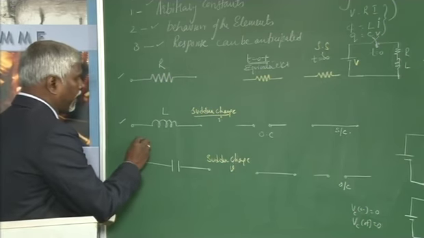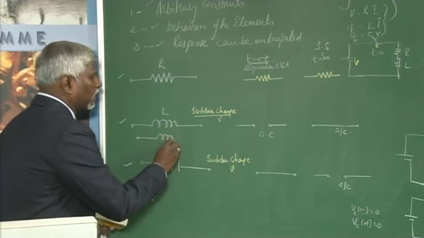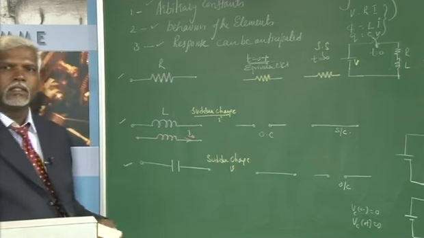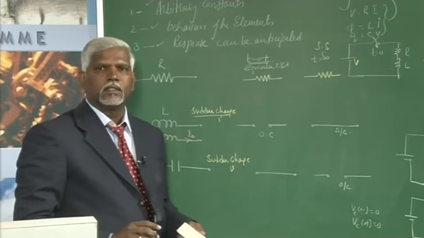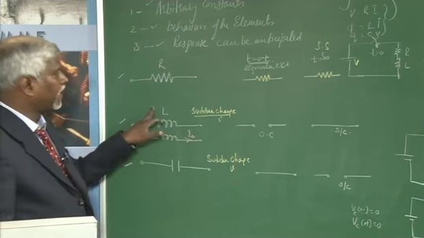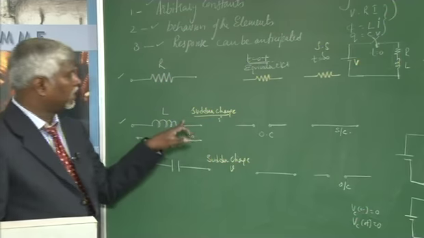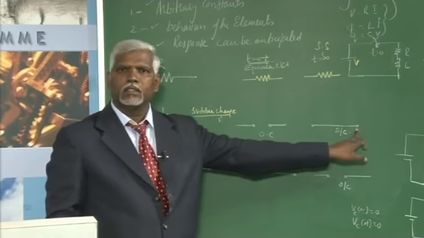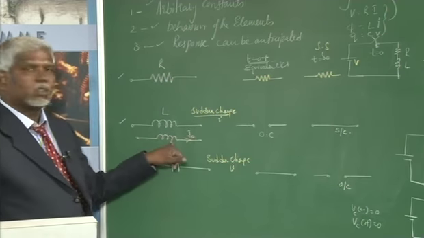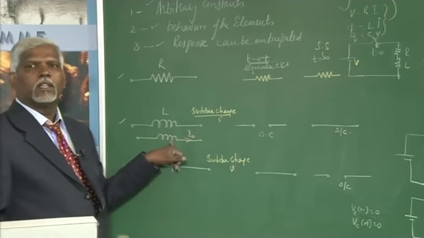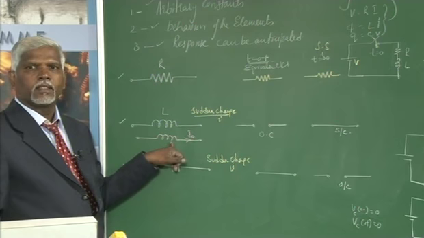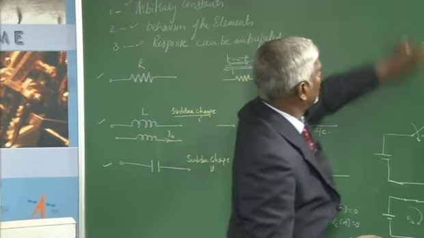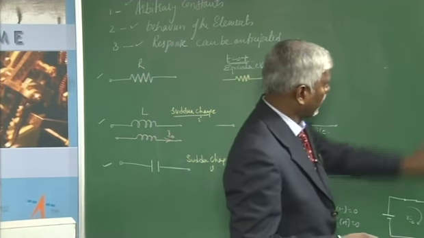I can have an inductor with a current flowing through it before the switch is closed. Two different conditions. I can have an inductor in the circuit without any current flow, so it acts as an open circuit initially and finally acts as a short. If there is a current flowing through the inductor before the switch is closed, I will put one more circuit so that it will help you in understanding.